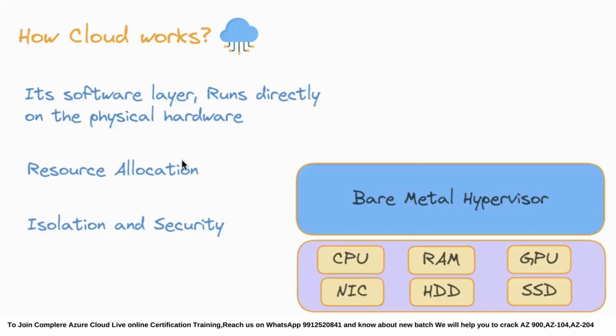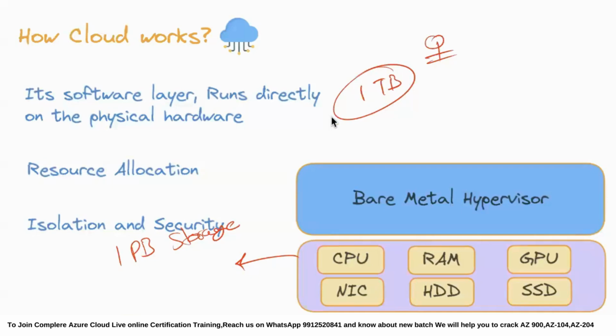Which means, for example, let's say cloud platforms buy 1 petabyte of storage. Now, one user came to this portal, the Azure portal for example, and wants 1 TB of storage.